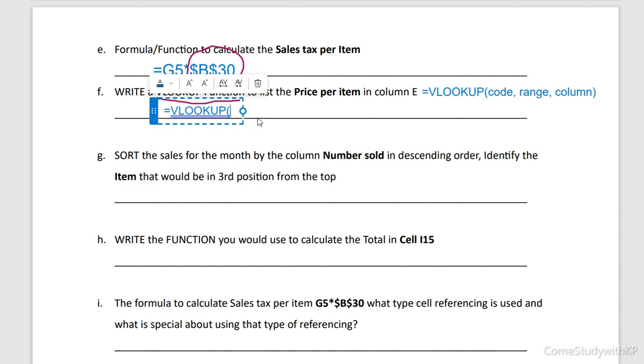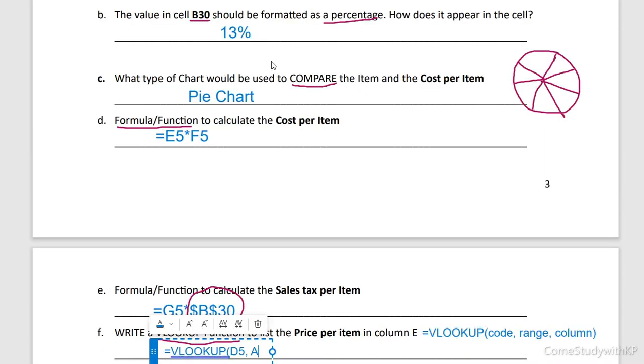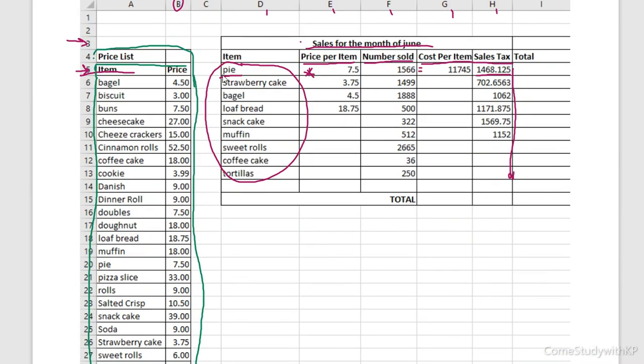So the value we're looking for is D5, and that's pi. And once we look for D5, now we're going to look for the value in, let me check it back. We're going from A, so we don't need the headings.